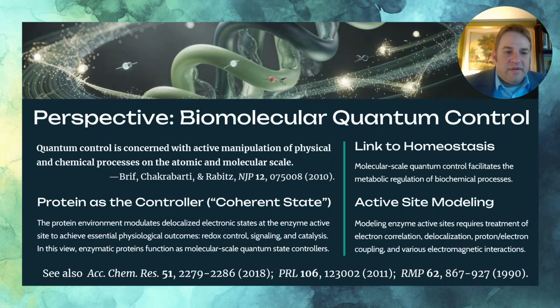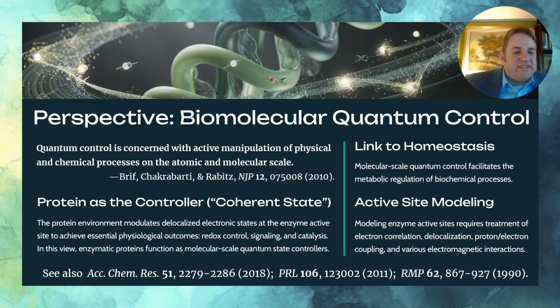So the study of these things have brought me, in my perspective, to a picture of what I would call biomolecular quantum control. To give the definition, quantum control is concerned with the active manipulation of physical and chemical processes on the atomic and molecular scale. And indeed, biochemical systems clearly can actively manipulate physical and chemical processes on that scale.